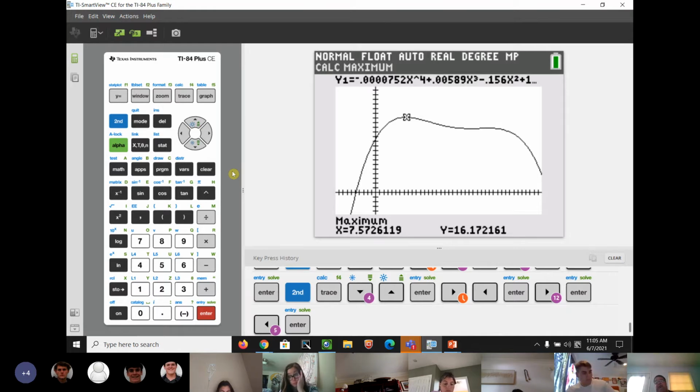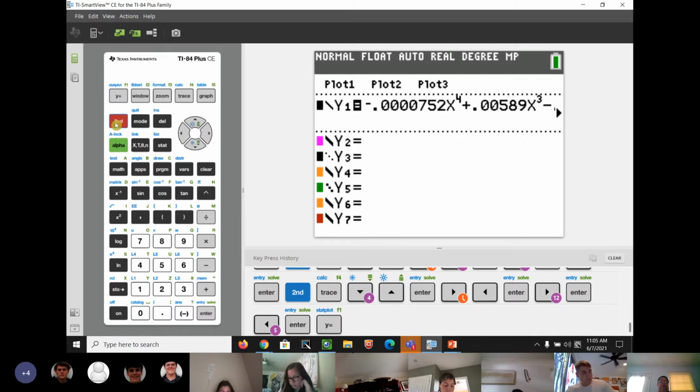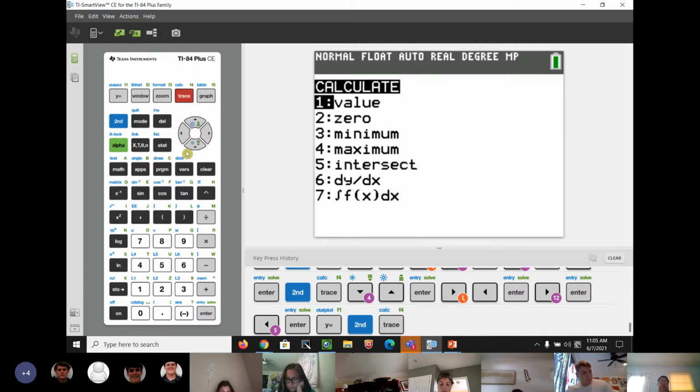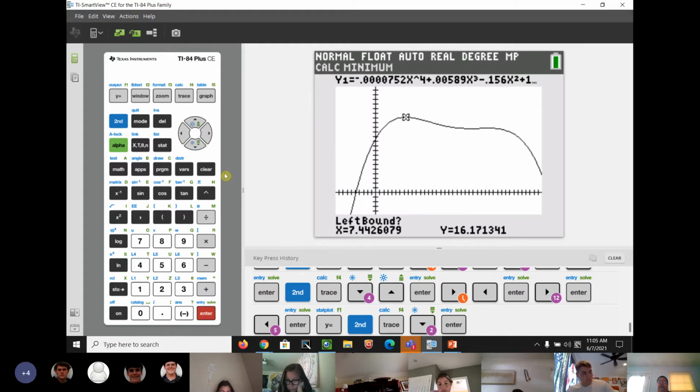Now, I don't know. That looks like a min right here. So we're going to check and see if there's a min right there. Second, trace, min. And I'm going to put it, I don't know, right in there.